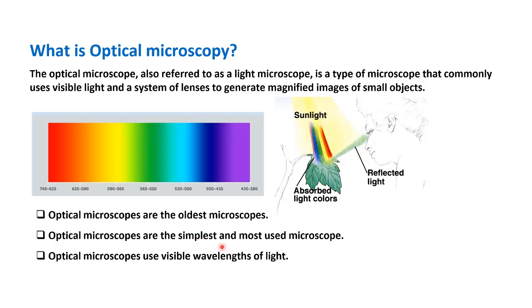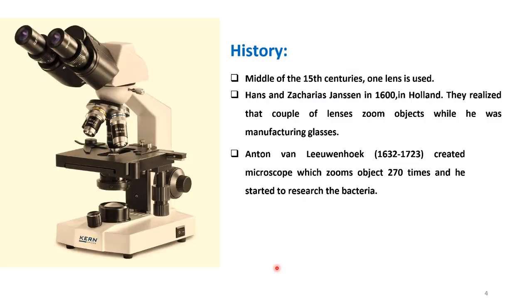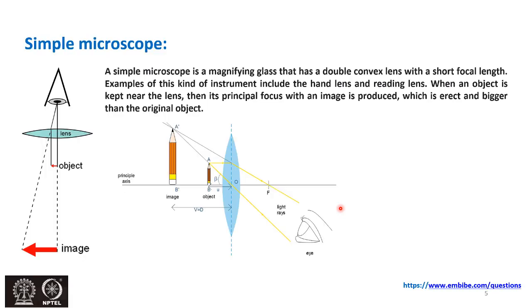They are simple and mostly used, and they use a visible wavelength of light. As I told already, Leeuwenhoek was the first one who created the microscope and zoomed it up to 270 times, and he started research on bacteria with the help of this optical microscope.